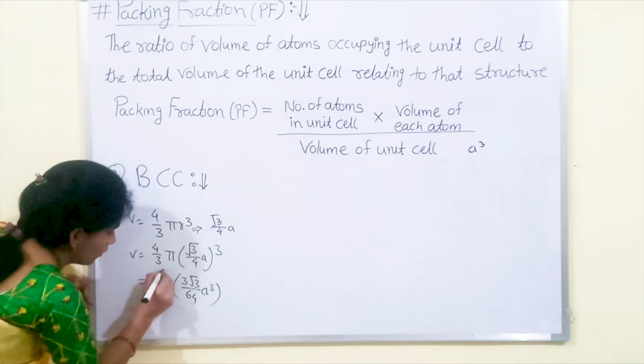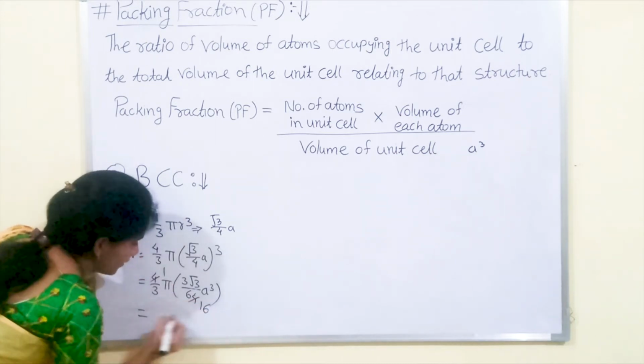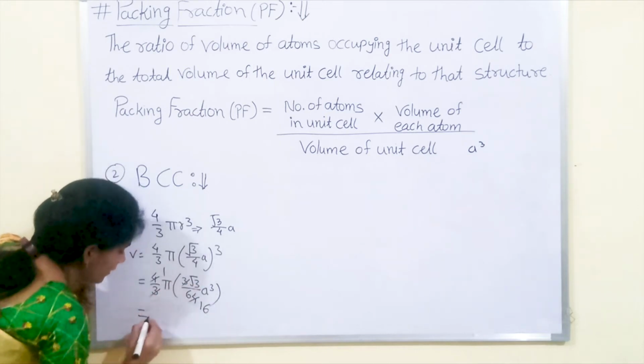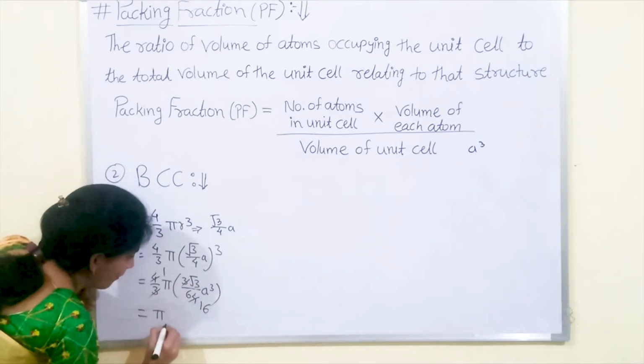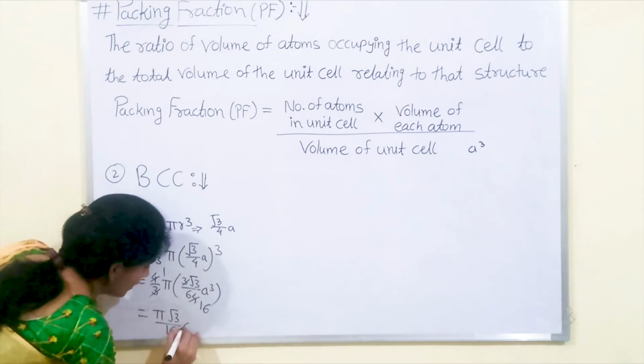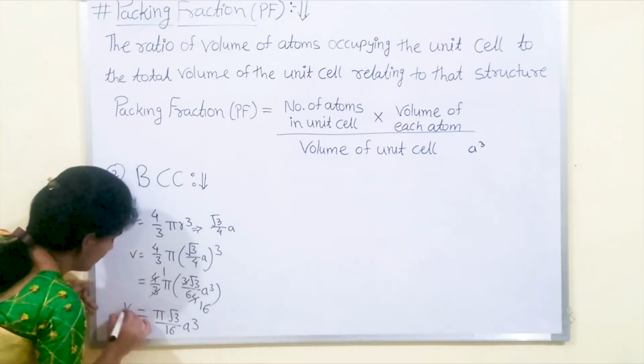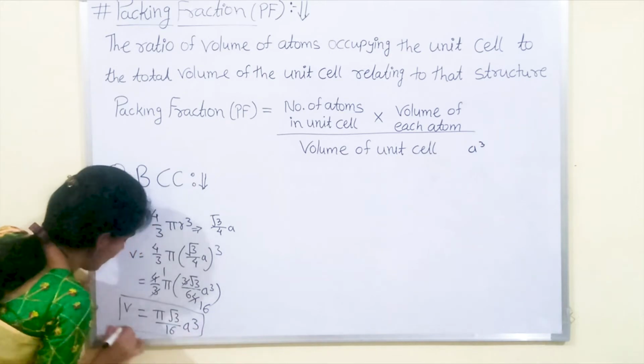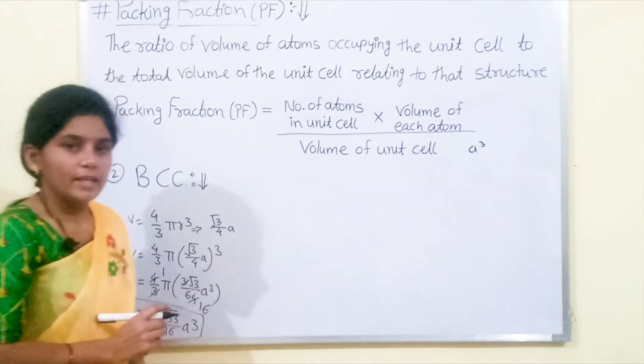Cancelling, we get pi root 3 divided by 16 into a cube. This is the volume of each atom.